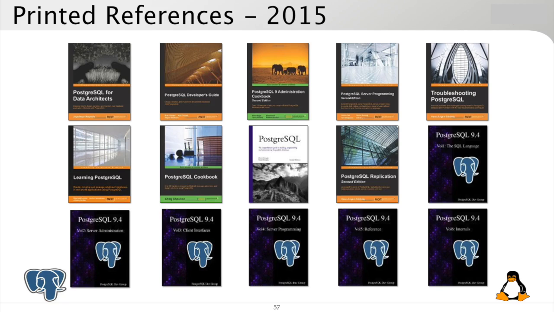And this one is a recent list of books that came out in 2015, in case you want to have any of them as paper-based references. So mind you that version 9.5 is the official version now, and it was just released recently, the beginning of January. And the online documentation is really good.